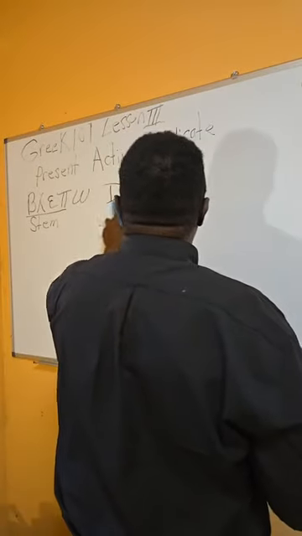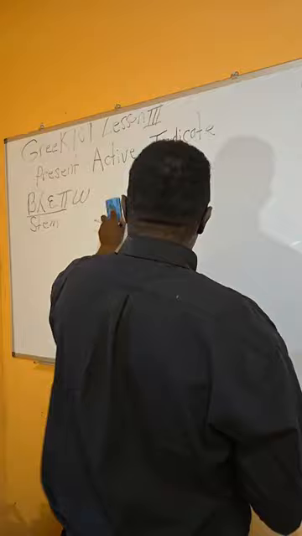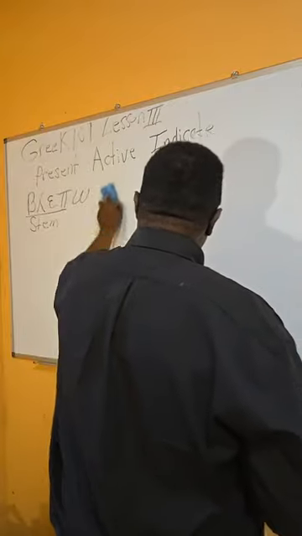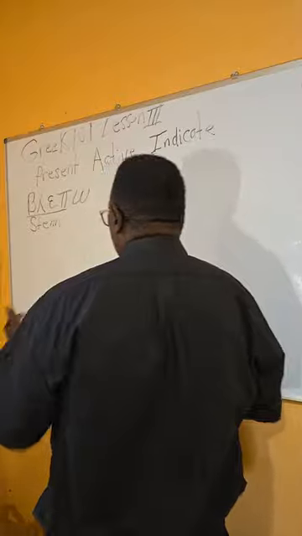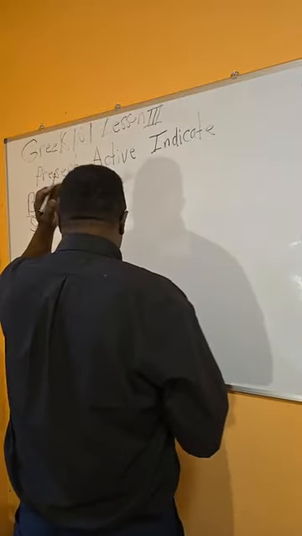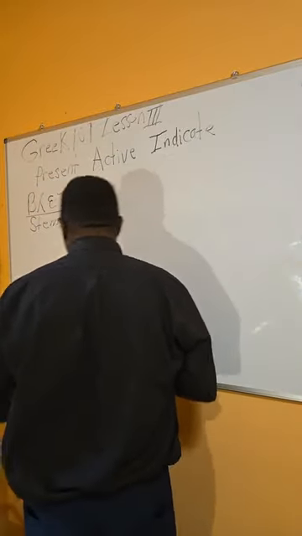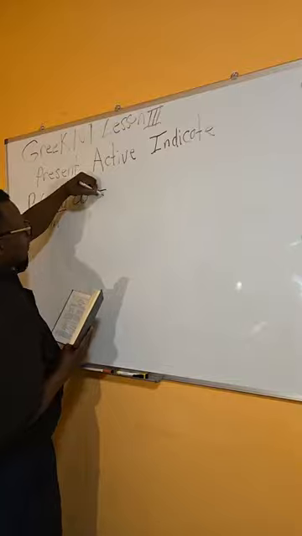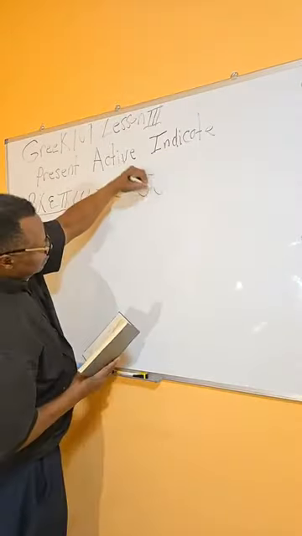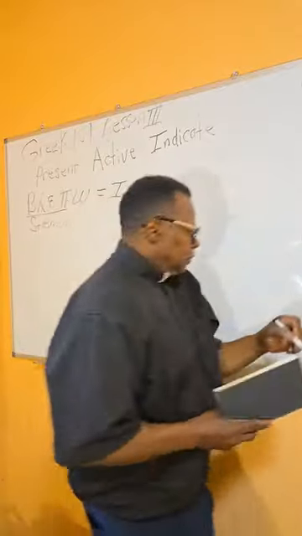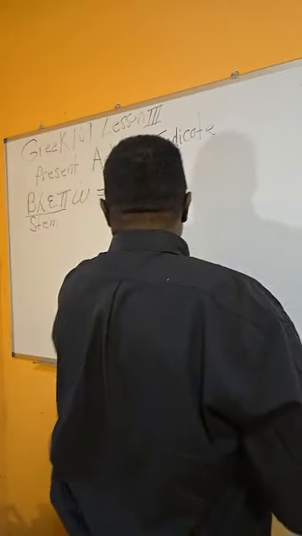And then in English, you have the subject coming before the verb. Word order in English is usually subject, verb, and then object. But in Greek, it's not so. This is your stem called blep. So when you say blepo, blepo means I see. See that? You say, but Pastor, it's only one word. Yes.